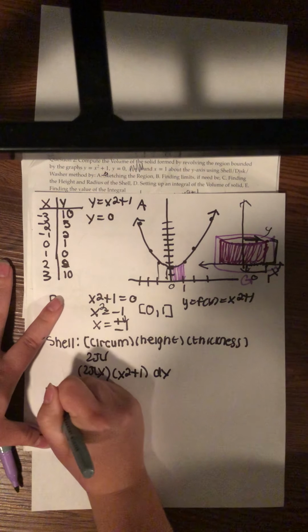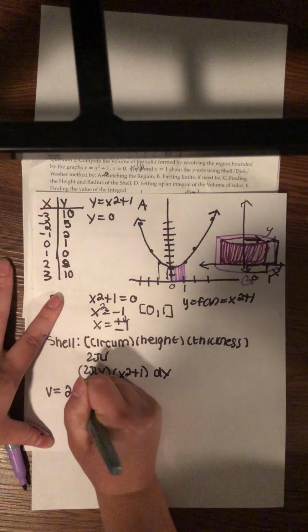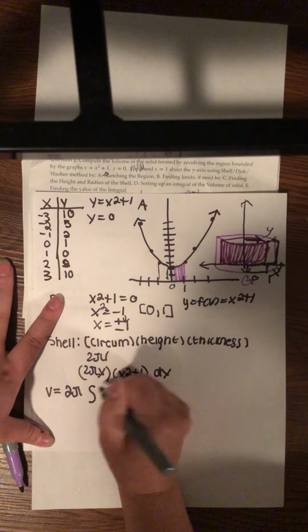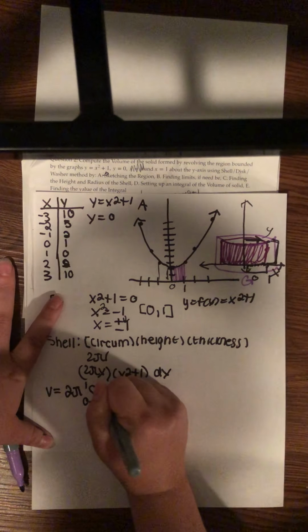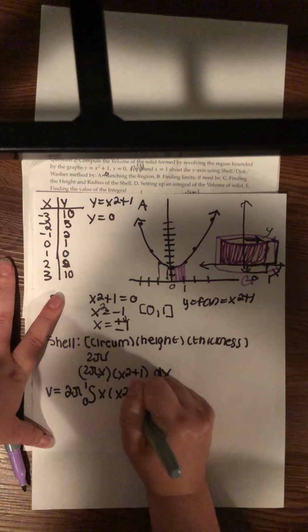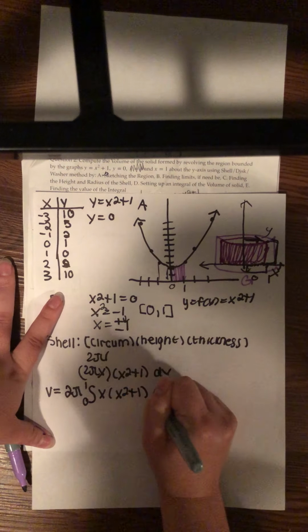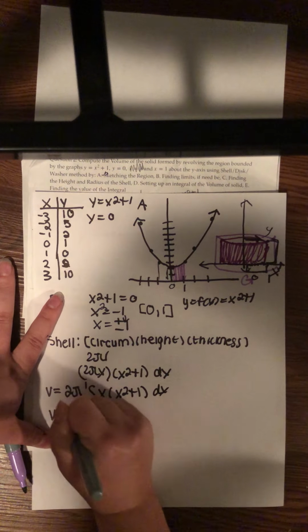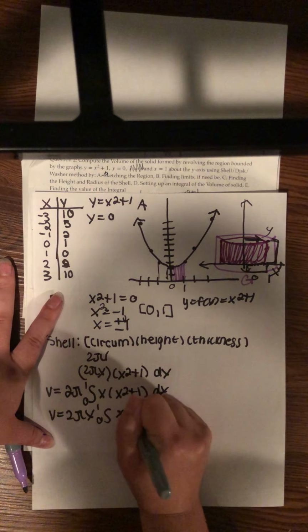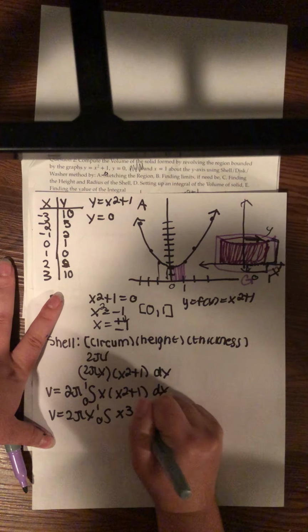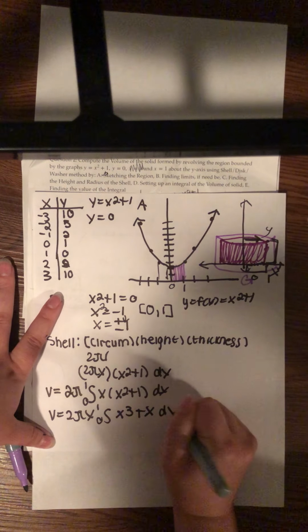So V, volume, we're going to take the 2 pi out of the integral because it's just a constant we could put in later. Our bounds, 0 to 1. X times x squared plus 1 dx. So we're going to simplify this before we integrate. X cubed, x times x squared, plus x dx.